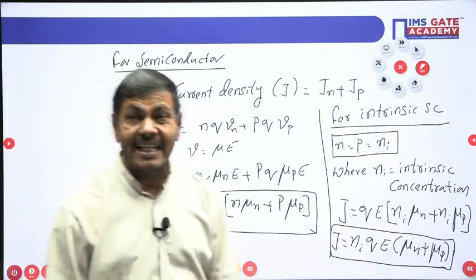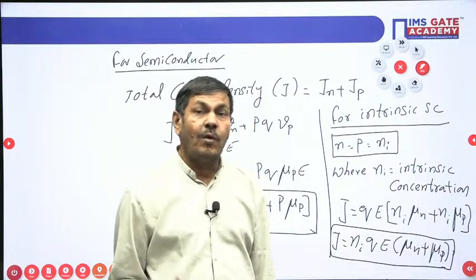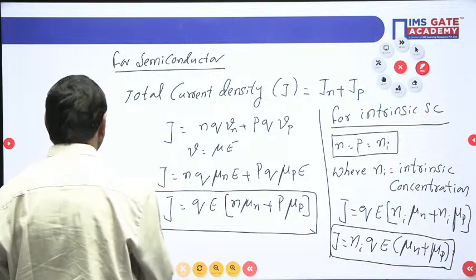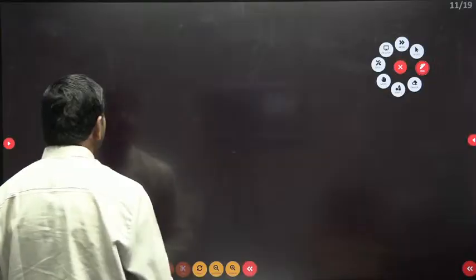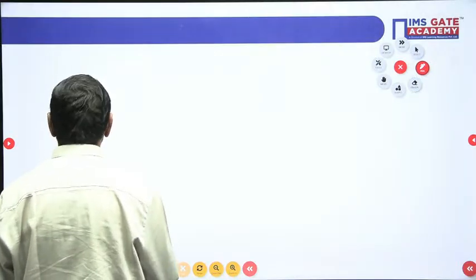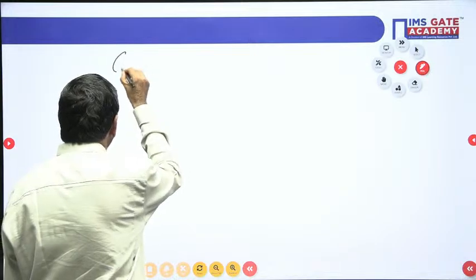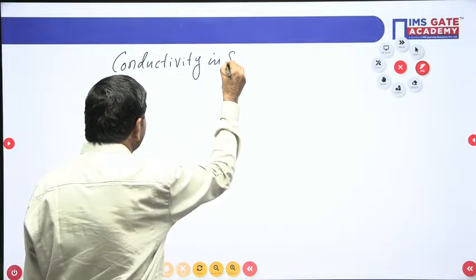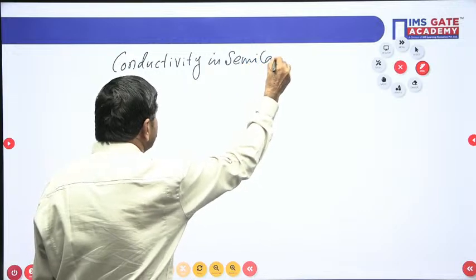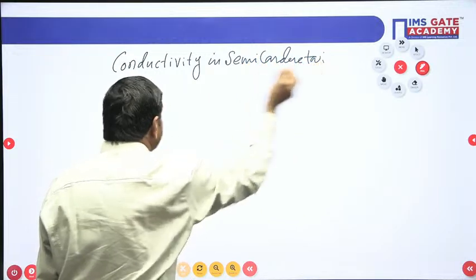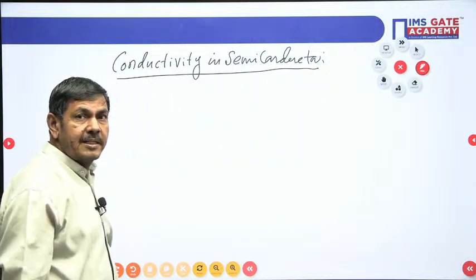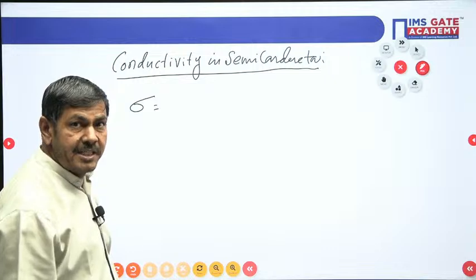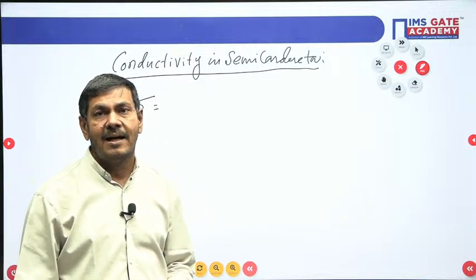Suppose you want to find the total conductivity in a semiconductor. What way can we find it? Total conductivity in a semiconductor is nothing but the summation of the conductivity due to electrons and the conductivity due to holes.